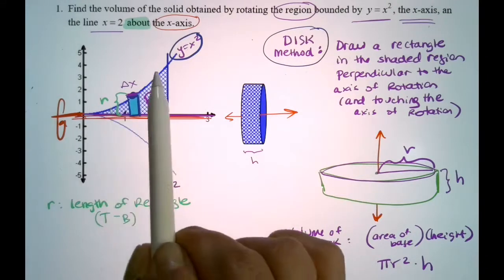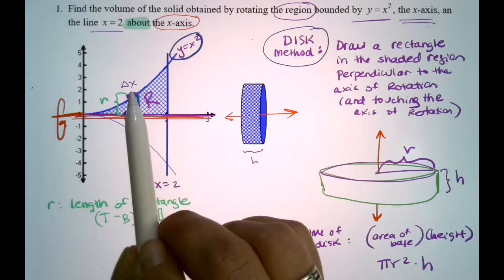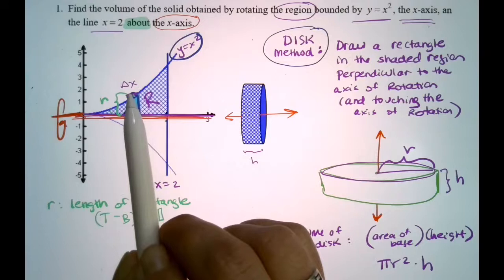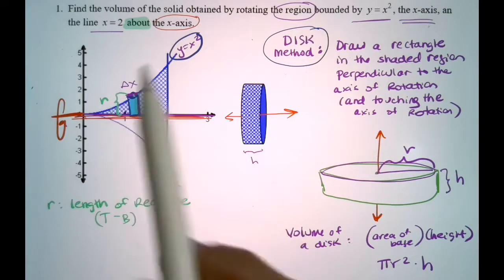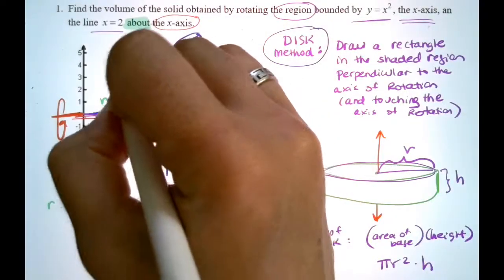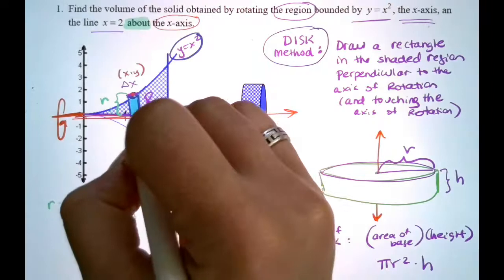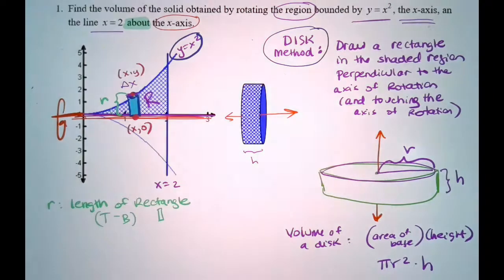So basically, it's whatever the Y coordinate is at that top location, minus the Y coordinate down here. Sometimes I'll even label these ordered pairs and say, okay, this is some random XY ordered pair, and this ordered pair down here is some random X, but the Y coordinate is always 0. So we're basically just subtracting the Y coordinate.